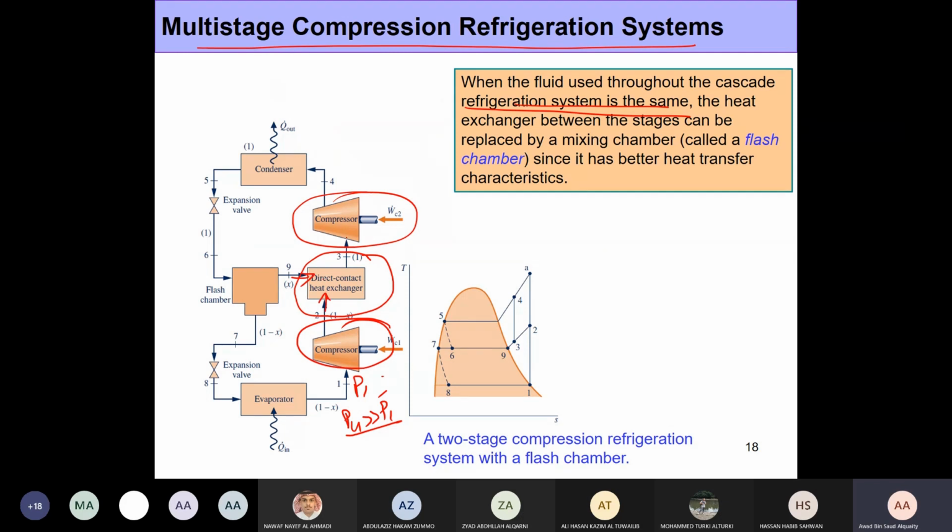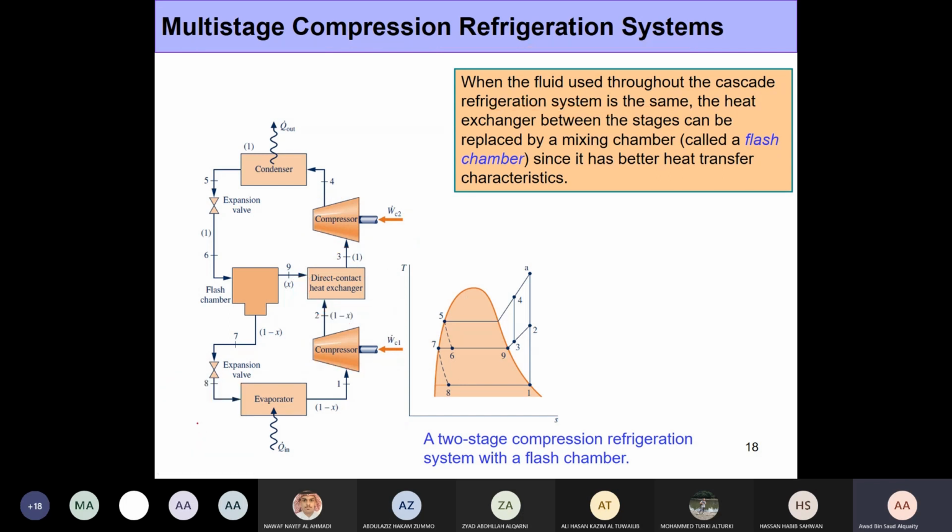The reason we make use of a direct contact heat exchanger is simply because the heat transfer characteristics are always better than in a heat exchanger where the two fluids are not directly in contact, not directly mixing. So when you're using the same refrigerant, it makes sense to do this.